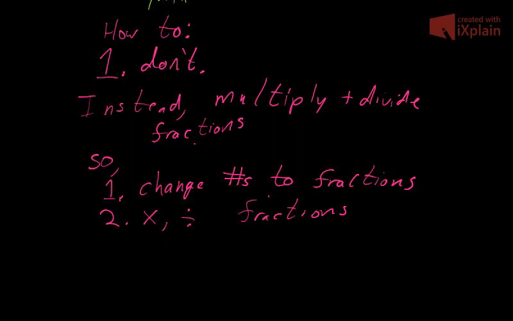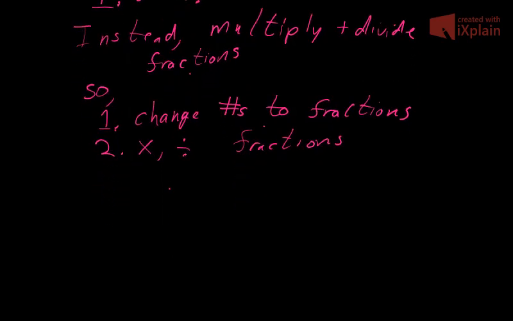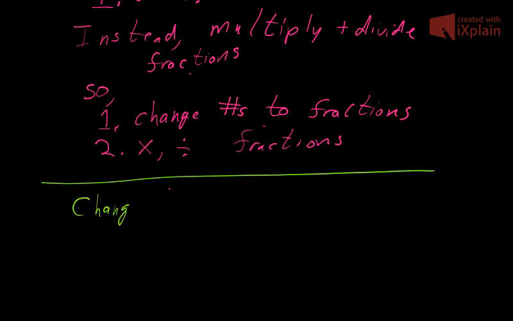So I'm going to start off by talking a little bit about how we should change mixed numbers into fractions. And how we're going to do that, changing, doesn't have a T in it, changing to fractions.